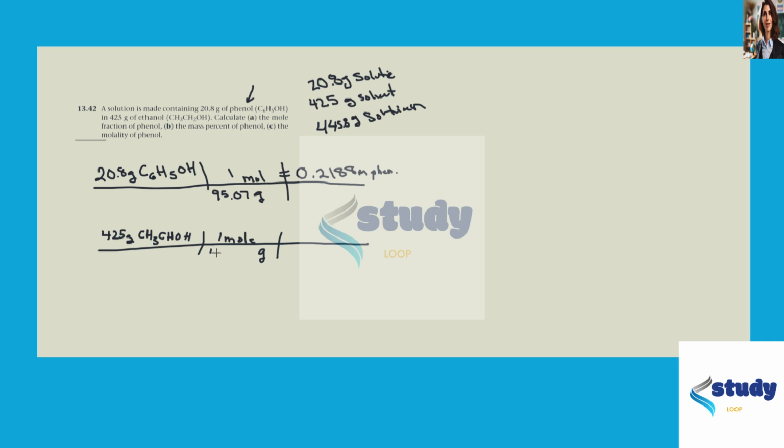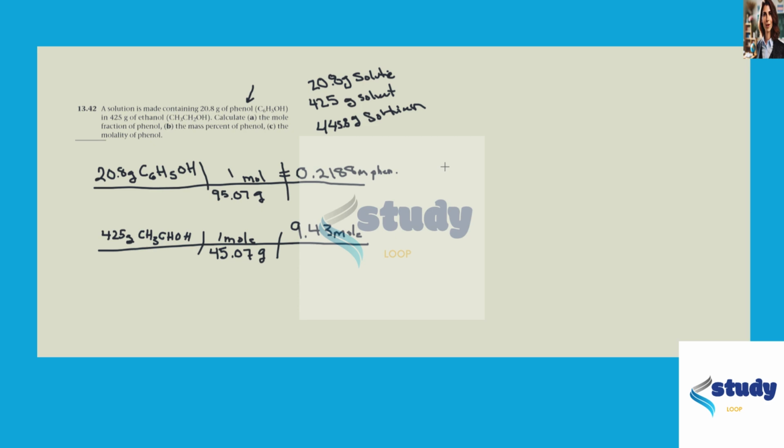Altogether, that's going to give us 45.07 grams per mole. So let's find out how many moles of our solvent we have. 425 divided by 45.07. If you got 9.43, then you did excellent. Moles. The reason we converted this to moles is because A asked us for the mole fraction of phenol.